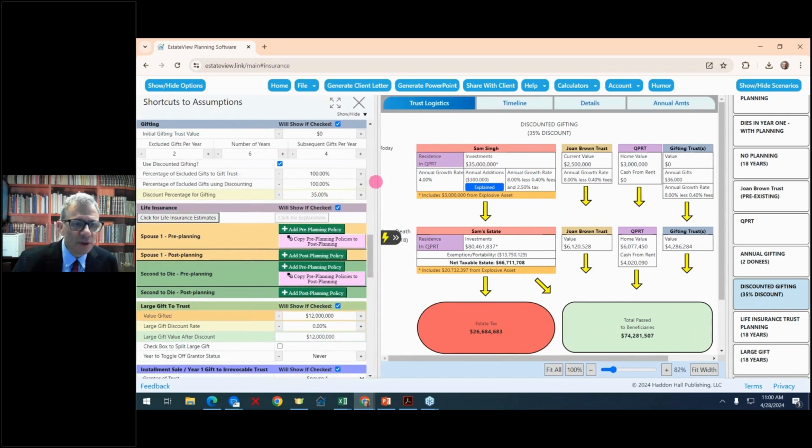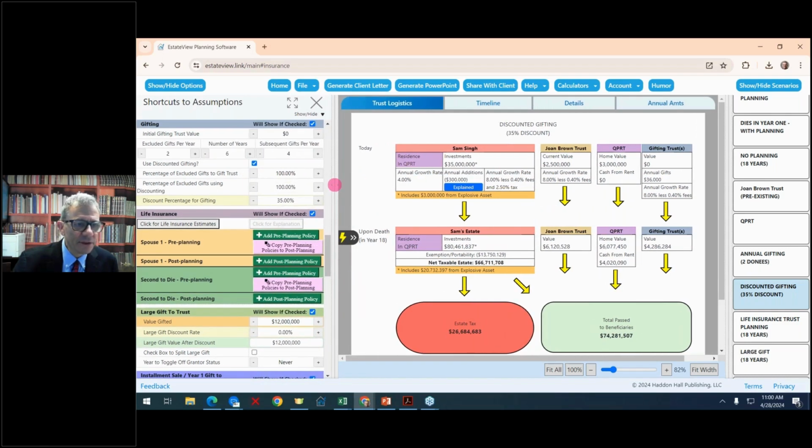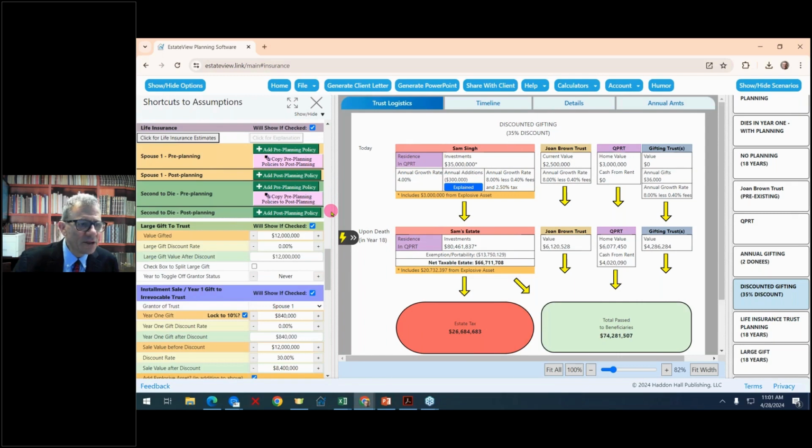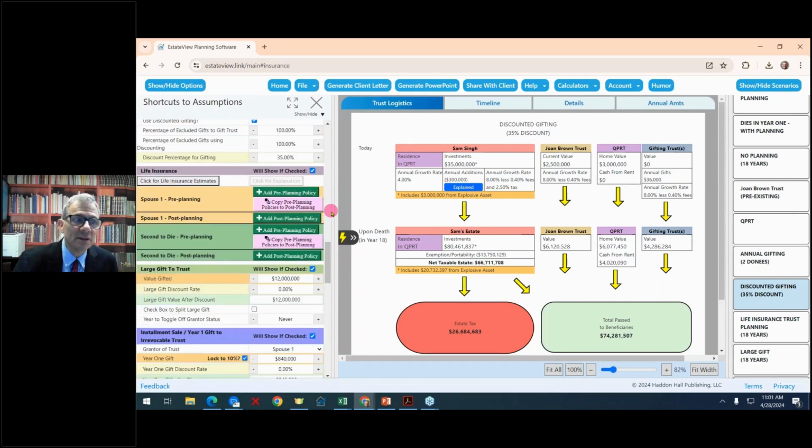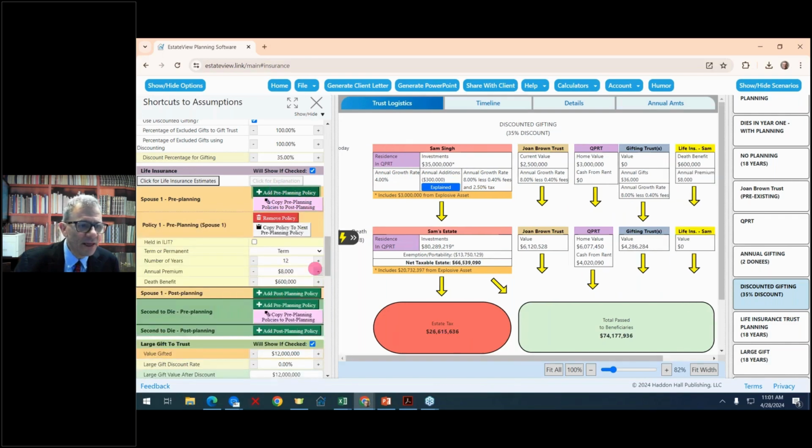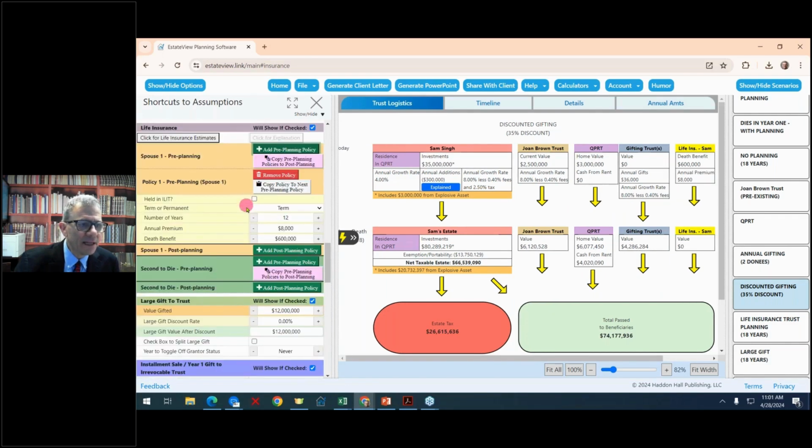The next module I have is a life insurance module, and this allows me to have multiple life insurance policies on the life of the client and second to die policies, assuming that the client is the surviving spouse. So I can click on add pre-planning policy, and then what comes up is in yellow there.